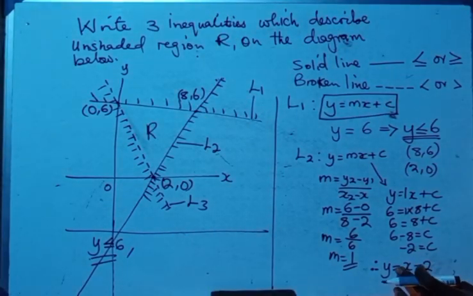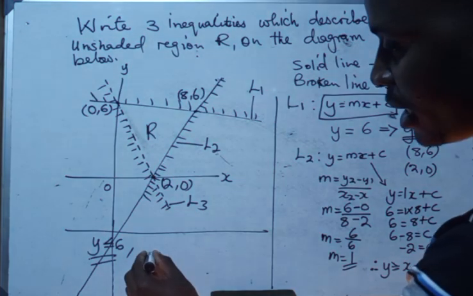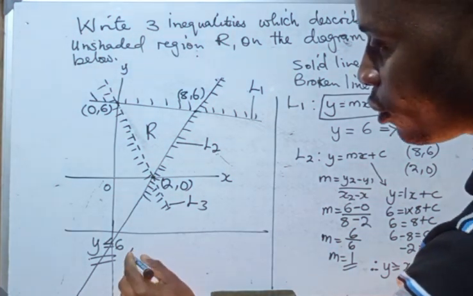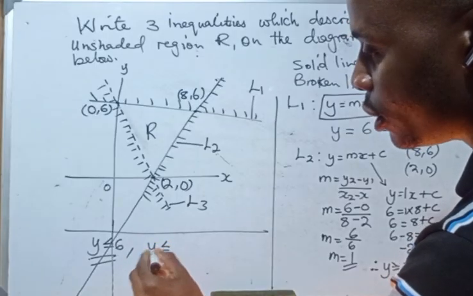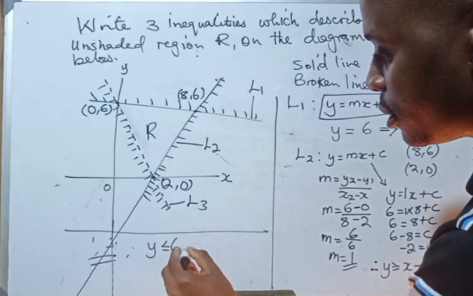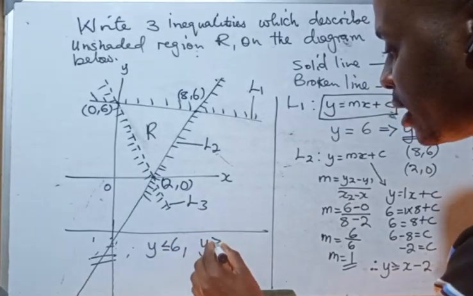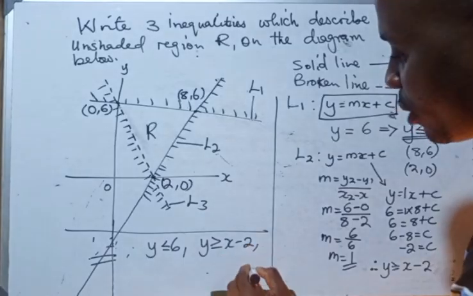So the y will be greater than or equal to. That is what we are going to have. So we are going to have y is greater than or equal to x minus 2. This is our second equation.